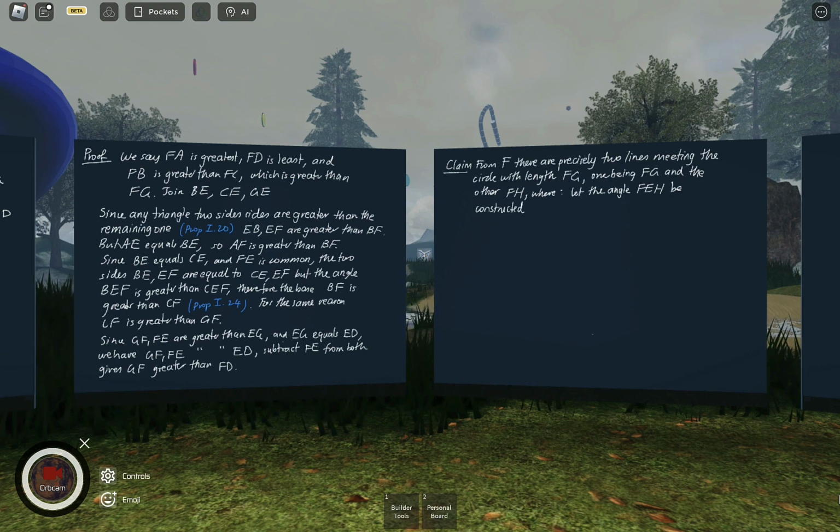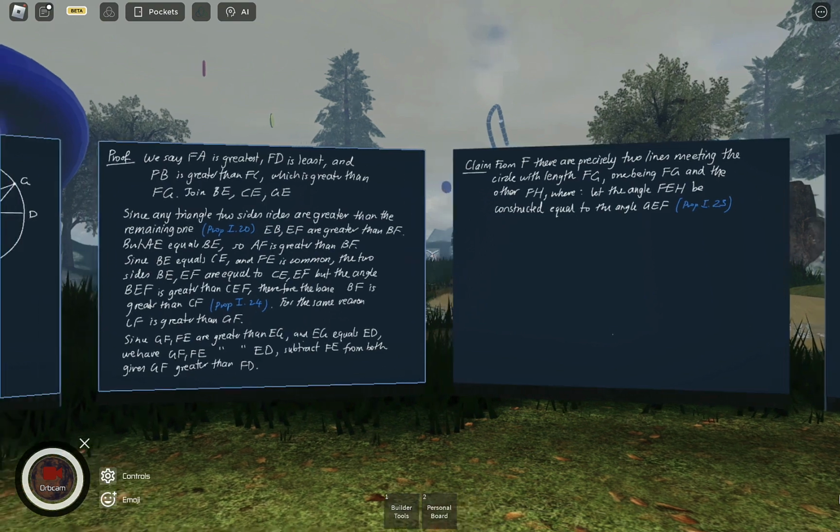So let FEH be constructed equal to the angle GEF. And that was proposition 23. So back to the diagram for a moment.